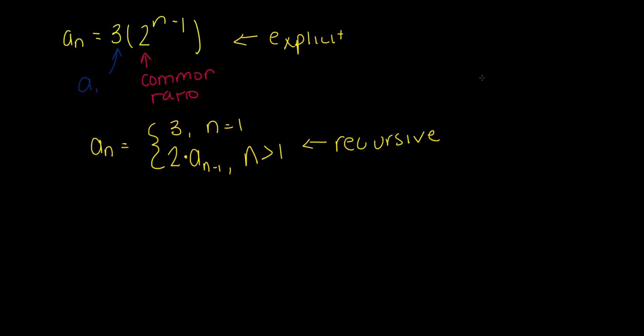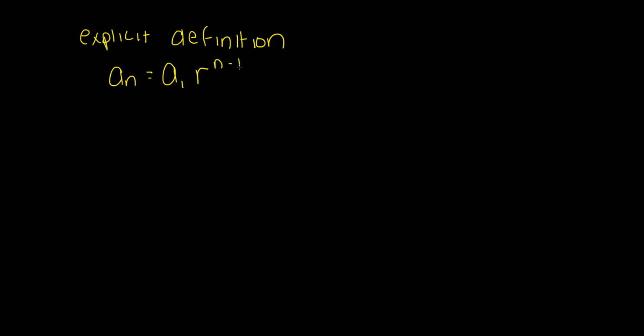So let's define these a little bit more. Let's take this one more step further. The explicit definition will look something like a sub n is equal to a sub 1 times r to the n minus 1.